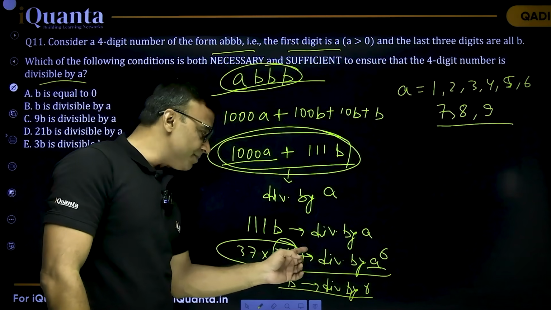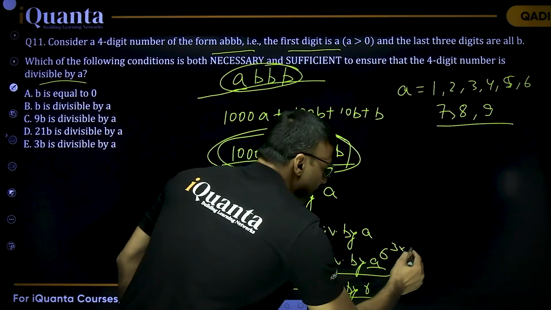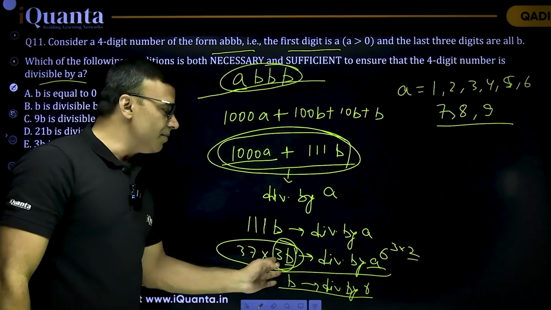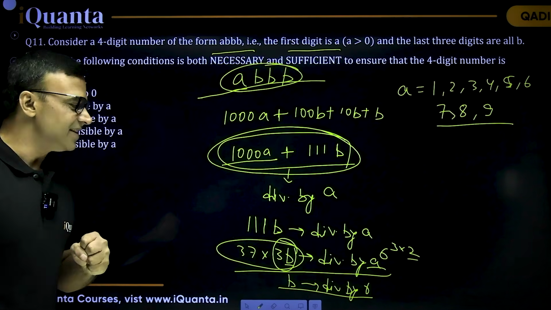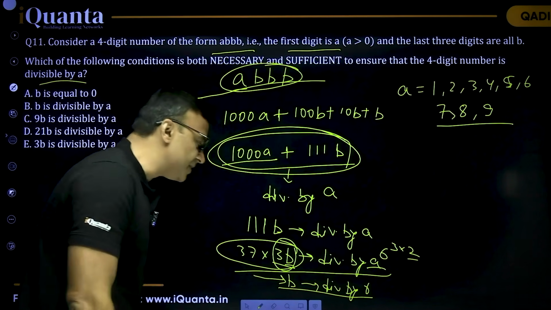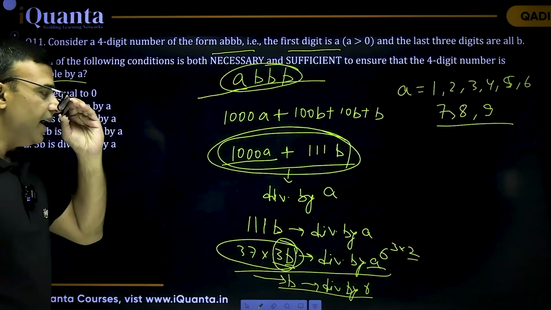But if 3B is present, then I don't need, 6 is what? 3 into 2. 3 is already present. So even if B is divisible by 2, it is good enough for the number to be divisible by 6. So you don't have to take this larger condition. You can take a little more specific or a smaller condition, that is 3B is divisible by A.